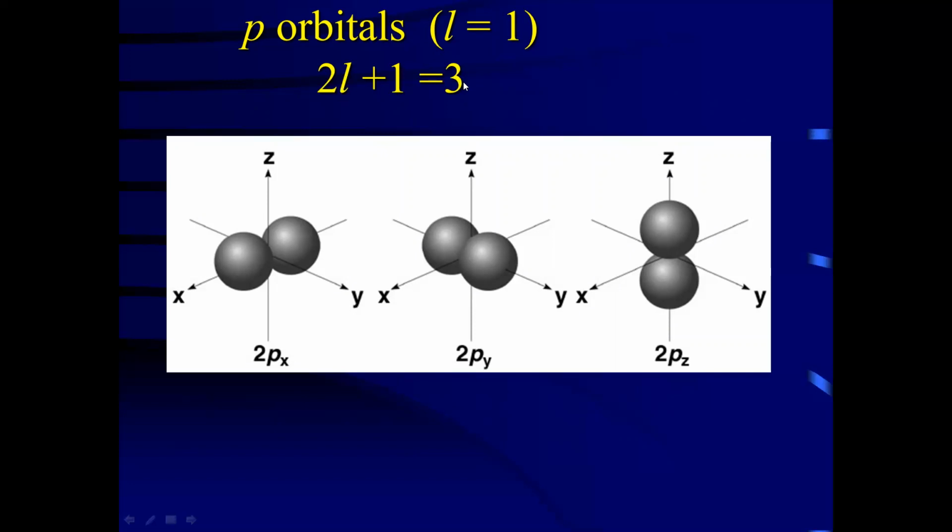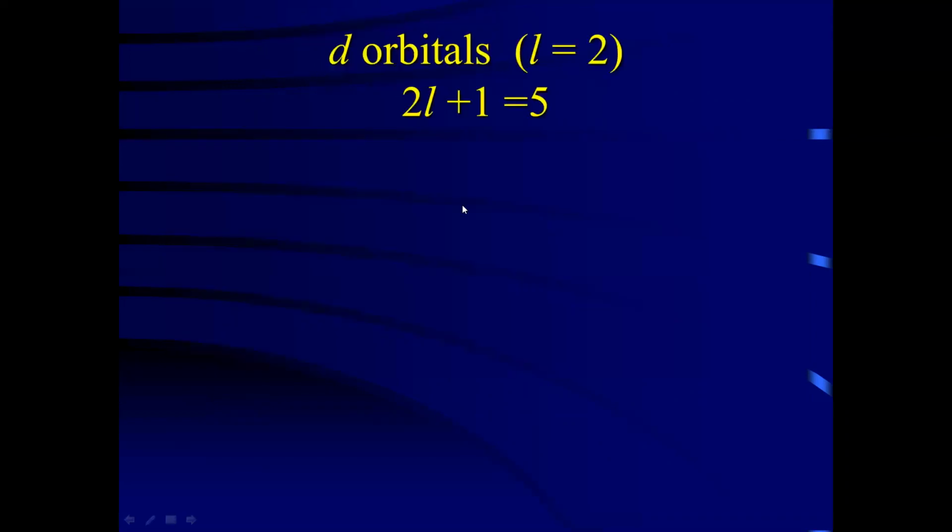So we have 3 possible m_L values from the last slide, right? And you can also see we do have 3 p orbitals here, which we learned in the last class. They are named 2px along this x-axis, 2py along this y-axis, and 2pz. That tells us there are 3 different kinds of p orbitals.